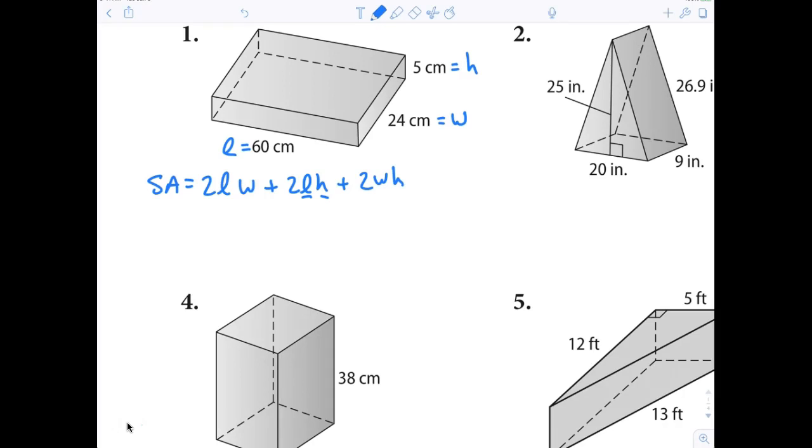Everybody okay with that? So now let's plug it into our formula. Surface area is equal to 2 times 60 times the width, 24, plus 2 times 60 times 5, plus 2 times 24 times 5. Now type that straight into the calculator, please.